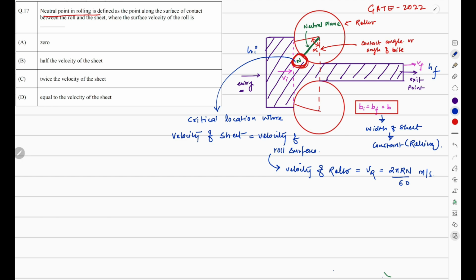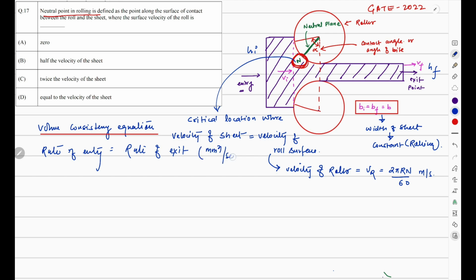Now we can write a volume constant equation to see the relation between velocity at entry and exit. Therefore, we can write rate of material entry equals rate of material exit, in mm cube per second.